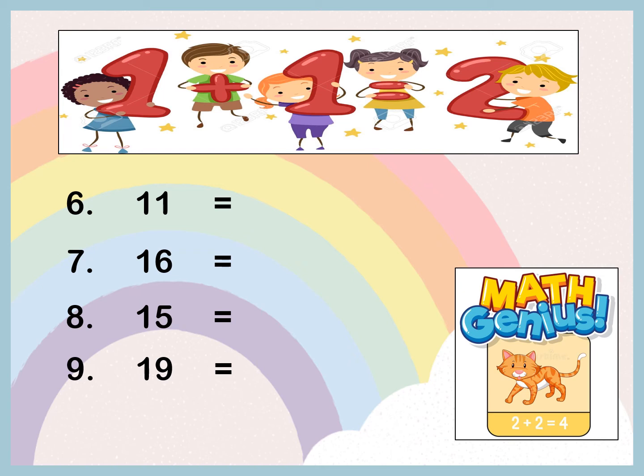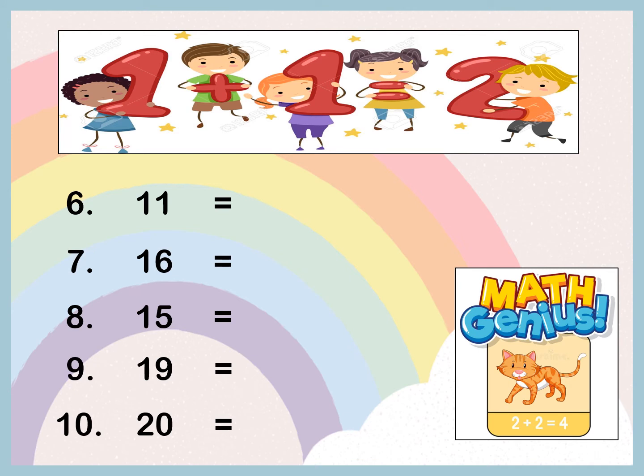Okay, I'll give you a little more time for you to answer. If you're done, kids, let's proceed to the last one. The last one is, can you guess what number that would be? Can you guess what number 10 is?